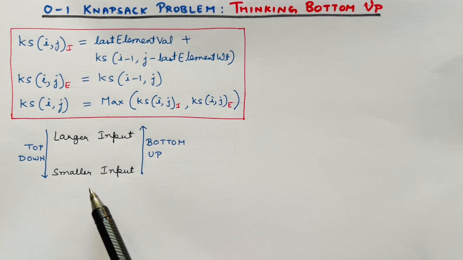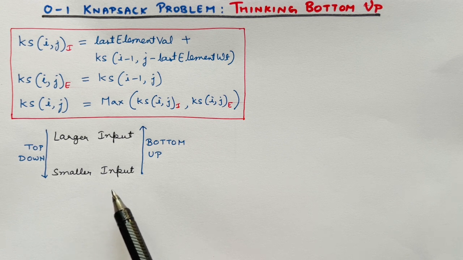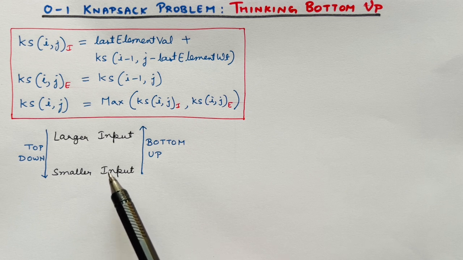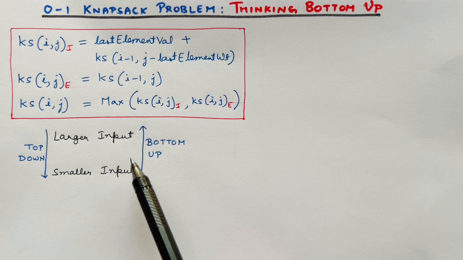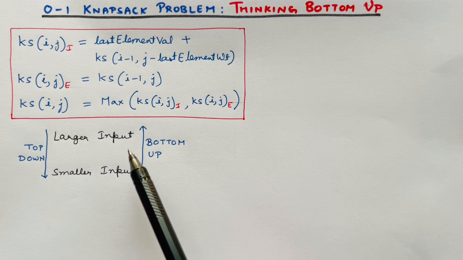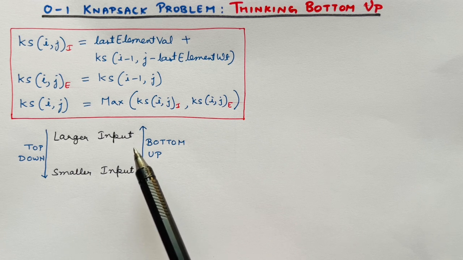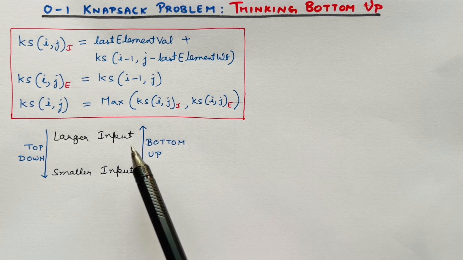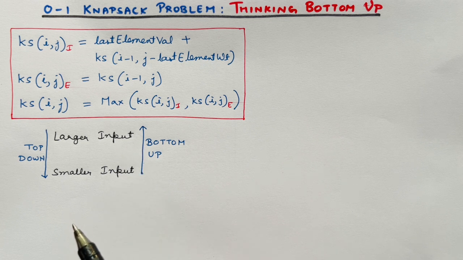We first calculate the answer for the smallest inputs, or our base conditions, and then gradually build on top of it. We move upwards towards larger and larger inputs till we have the answer for the inputs that were asked in the question.